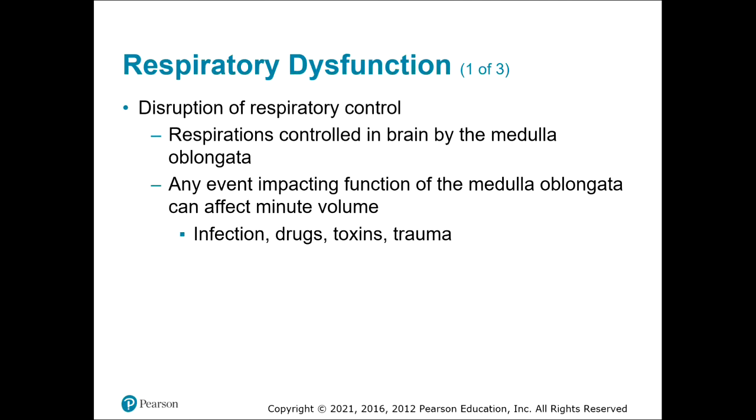Somebody who has a traumatic brain injury or a cervical spine fracture, that all affects our respiratory drive and our respiratory rate. One of the things we actually look for in a TBI is a respiratory pattern called Cheyne-Stokes respirations, and you'll learn that when we go into airway.